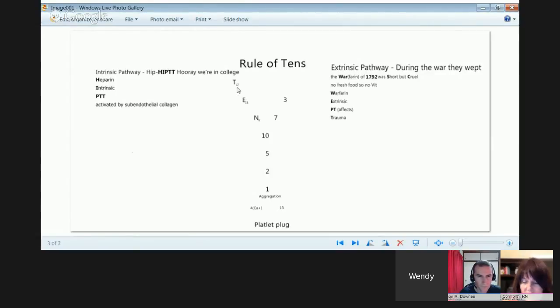Those are your factors: factors 12, 11, and 9. And then basically you only have 7 over here, but for the sake of keeping in the tens, I'm throwing on the 3. And then 10, because it's a rule of tens, 10 is your rate limiting factor. It's the big deal. It's really important.